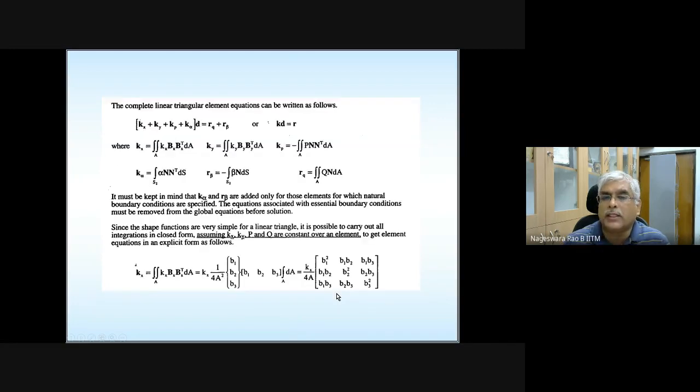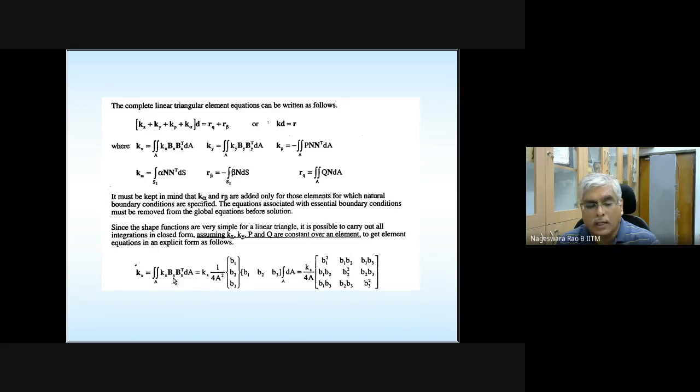Finally, you are going to get an equation system like this. In this equation system, this part is going to be different, because the B matrix, or the shape function derivative with respect to x and shape function derivative with respect to y, is going to be different, because the 4-node element is a bilinear element.